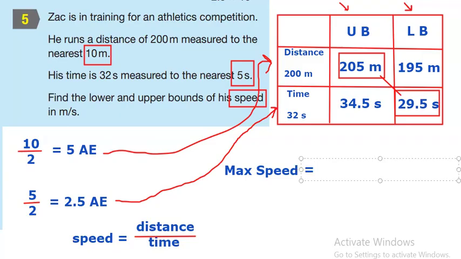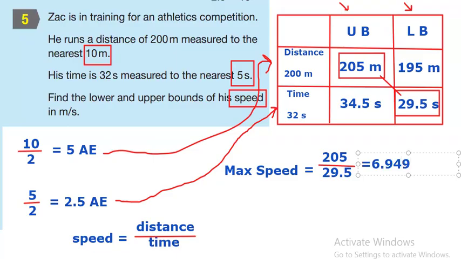So here equals what? Equals 205 divided by 29.5, and focus on the reason that we did this, because we need the maximum speed or the highest speed. So this will give me, let me write at least four numbers, 6.949. And then I'll round them to three significant figures.